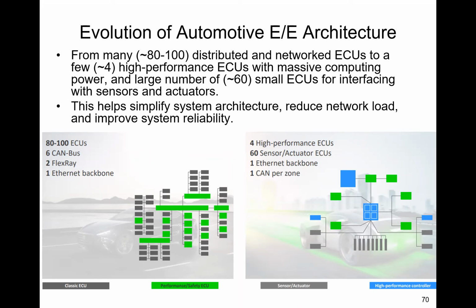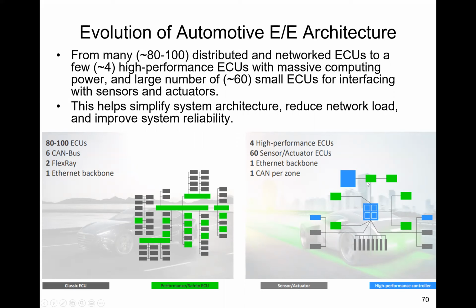ECU is the automotive terminology for computer, electronic control unit. So on the left is the classic ECU architecture. The green is the performance and safety ECUs, and the black is the smaller ECUs for interfacing with the sensors and actuators.